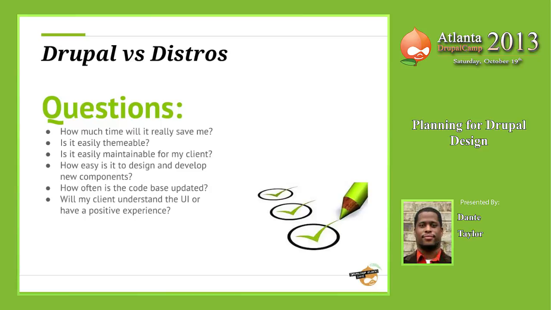So you want to make sure you consider all that. Will your client understand the UI or have a positive experience with this particular implementation of a distro? So these are questions you need to consider when you're deciding whether to go with Drupal core or some distro. You have to understand what your skill level is to maintain it and support it.